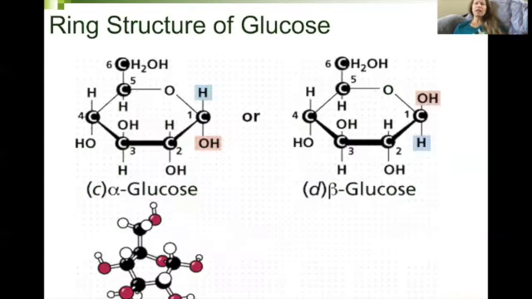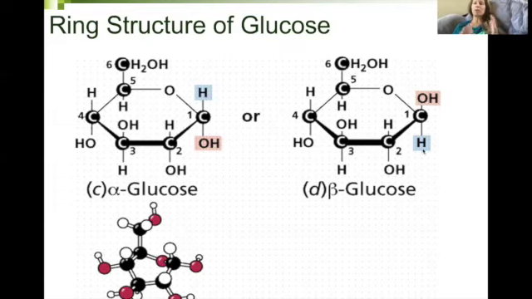When you look here, one of the main things that IB does is they ask you to know the difference between alpha glucose and beta glucose. So take a look at the diagram on the screen right now. The main difference between alpha glucose and beta glucose is this little part right here, where in alpha, the hydrogen's on top, in beta, the hydrogen's on bottom.